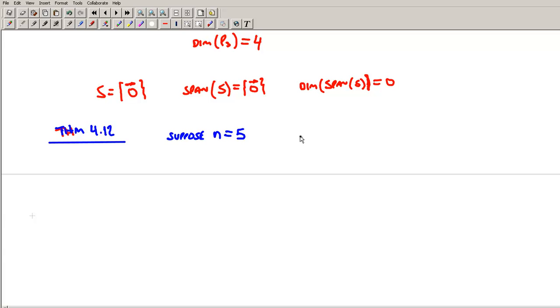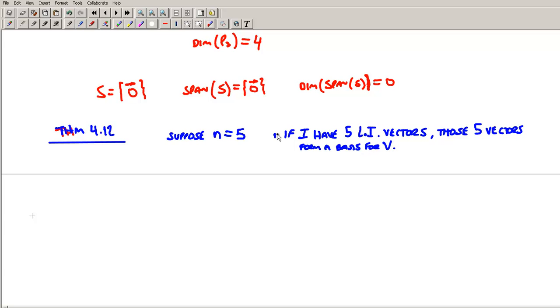Let me finish my writing here. Suppose n is 5, and then if I have 5 linearly independent vectors, those 5 vectors form a basis for V. That's what number 1 is saying.